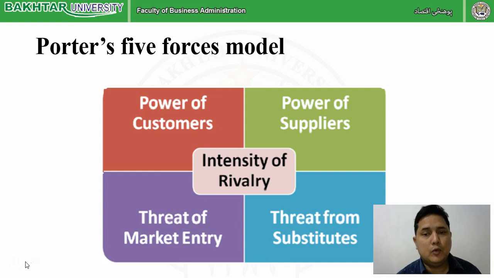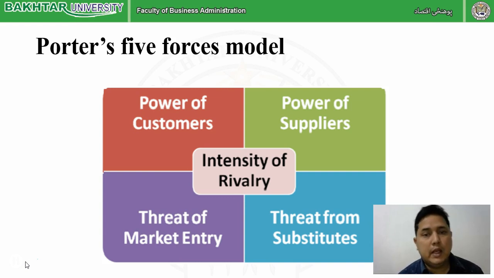Power of the supplier, who is providing the raw materials. If only one supplier is known as the very best supplier, and there are many project companies to whom he is providing the raw material, in that case the power of the supplier is increased.